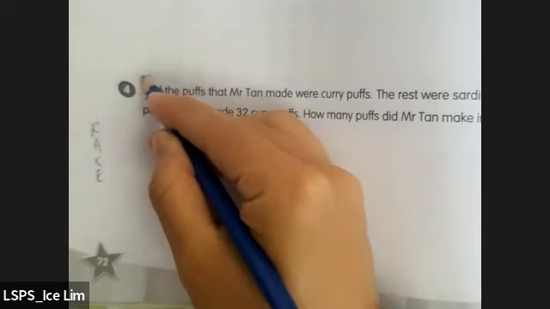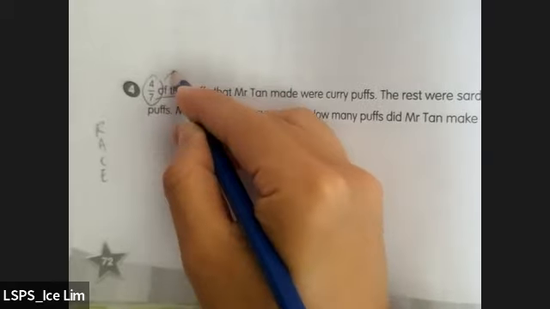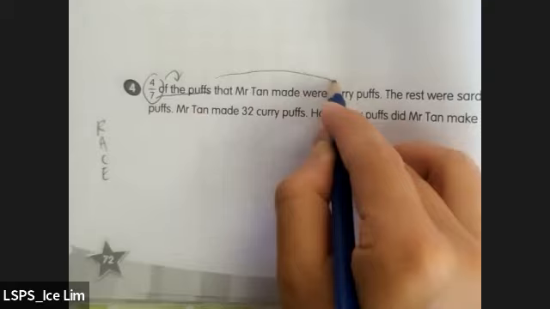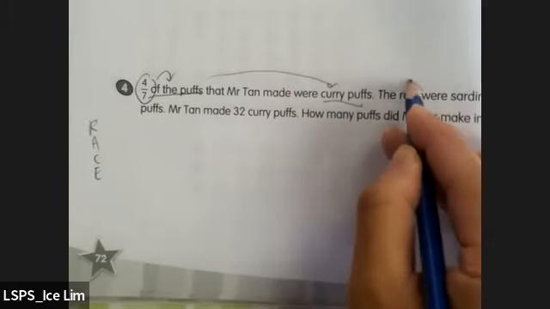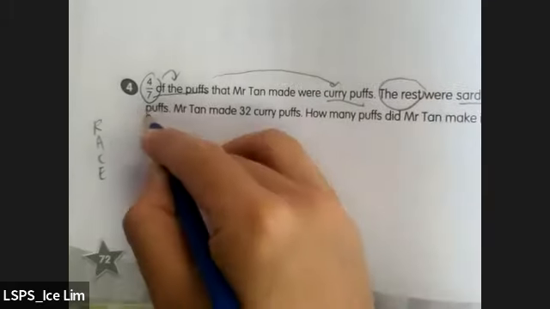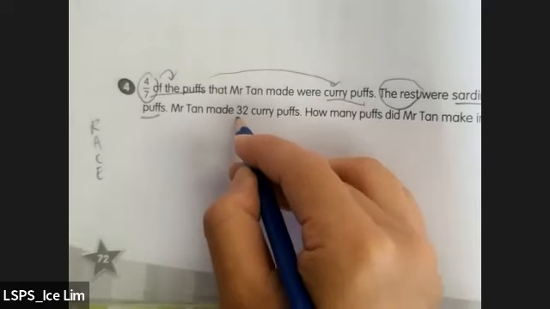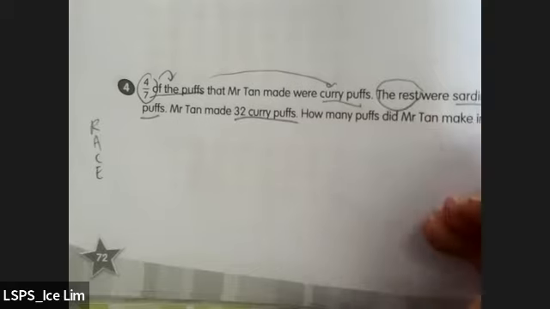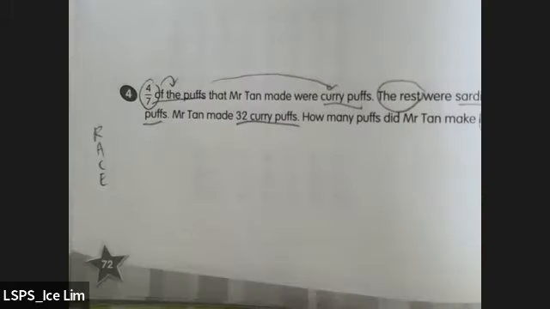Here says 4/7 of the puffs that Mr. Tan made were curry puffs. The rest was sardine puffs. Mr. Tan made 32 curry puffs. How many puffs did he make in all?